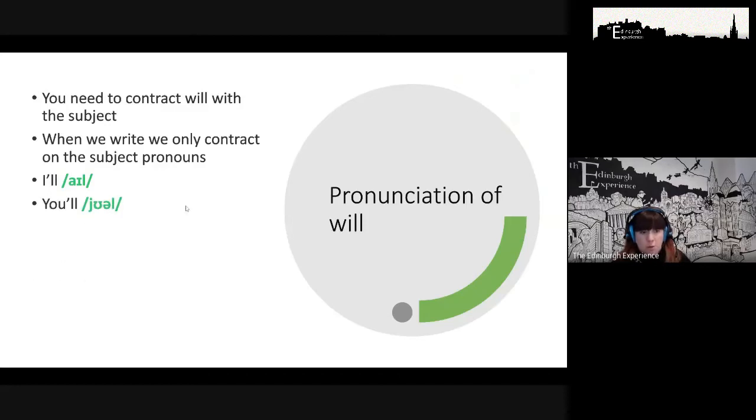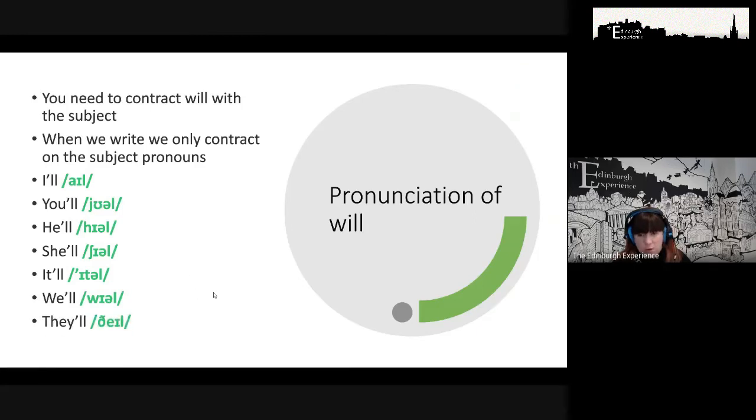You will go, you'll go. He will go, he'll go. She will go, she'll go. It will go, it'll go. We will go, we'll go. They will go, they'll go.